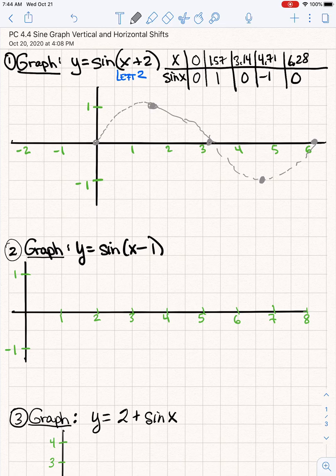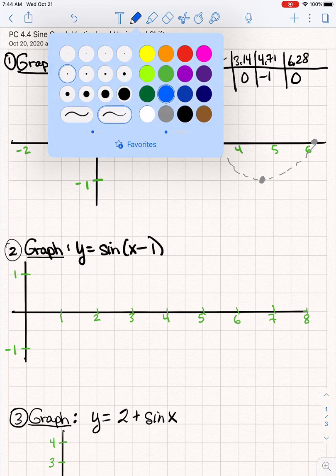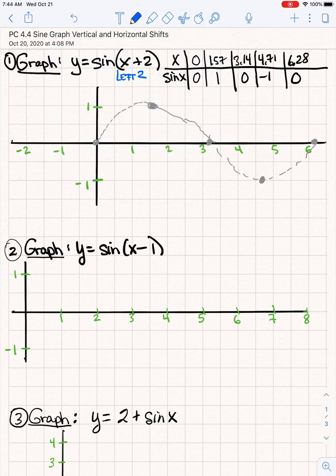Okay, so now let's do the shift to the left. We're going to take every x coordinate and go to the left by 2. So every point, like here at 0, 0, is now coming left 2. So we're going to start over here at -2. Up here high, that was 1.57, we're going to go backwards 2 units, so it'll be right here, about halfway between.